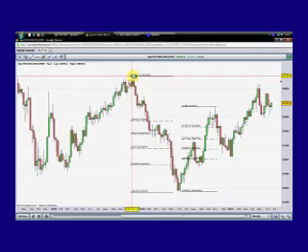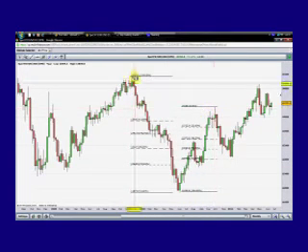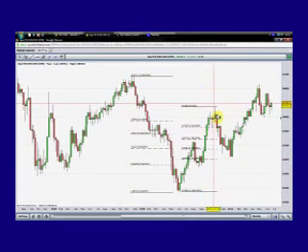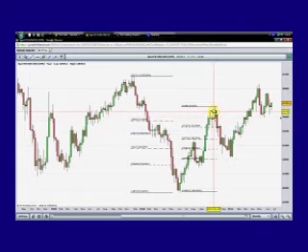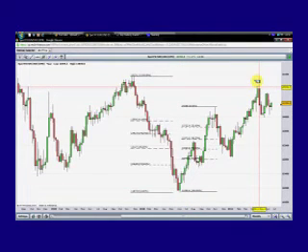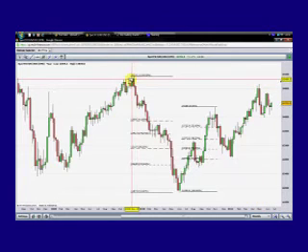So we have first the 61.8% Fibonacci retracement level in relation to the major downtrend, and then the 50% Fibonacci retracement level for the short-term rally in a downtrend. Now the third criteria is the retracement up to the 88.6% Fibonacci retracement level in relation to the major downtrend from here to here.